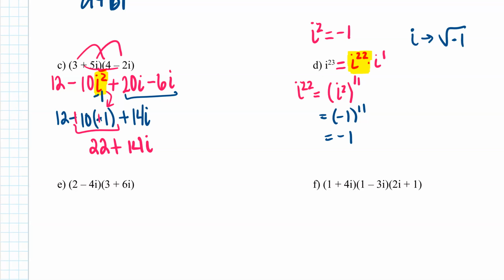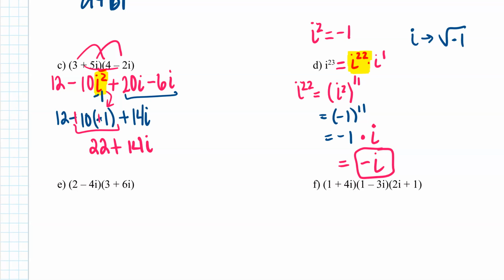And by doing it this way, you can pick out whether you're going to have a positive one or a negative one. And so this -1 now is going to multiply with your remaining letter i, which gives you a negative i for your final answer. Okay, so that's how you would do that. That's how I recommend you doing it. You're going to work backwards using your exponent properties.